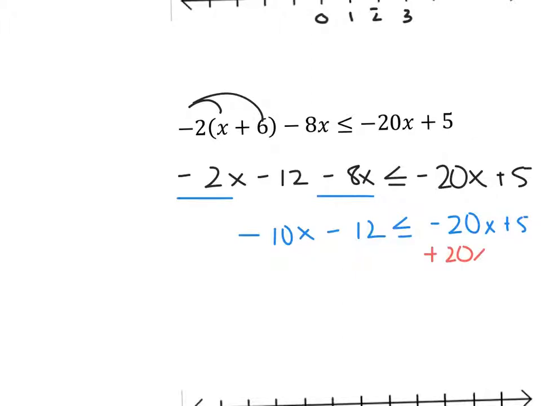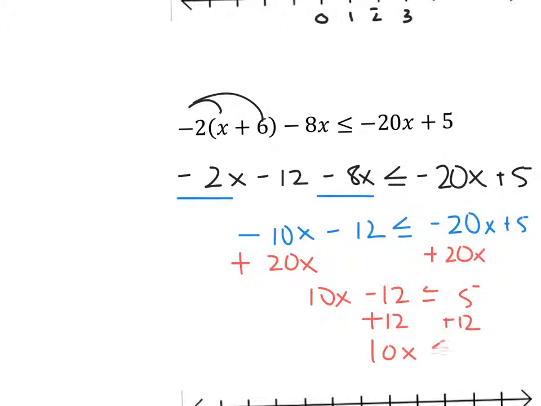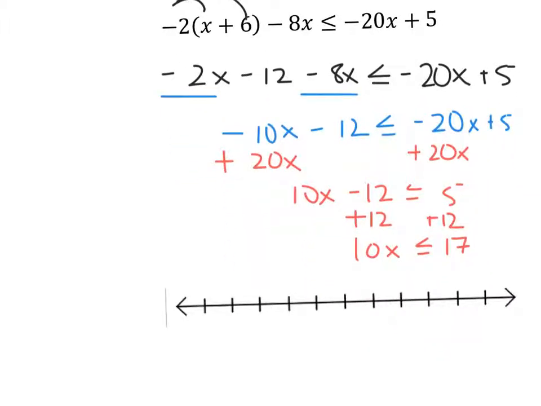Add 20x to each side. So 10x minus 12 less than or equal to 5. Add 12, 10x less than or equal to 17. And then that gives me x is less than or equal to 17/10, or about 1.7.